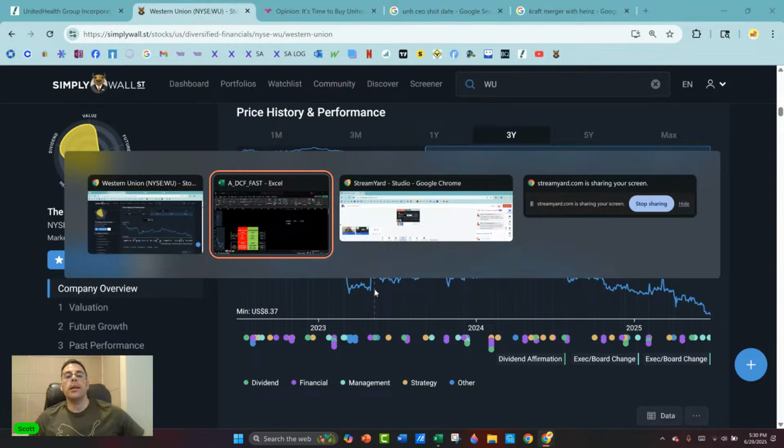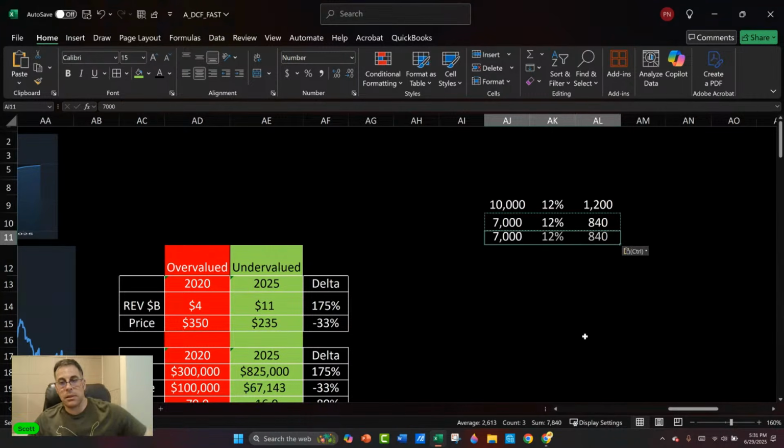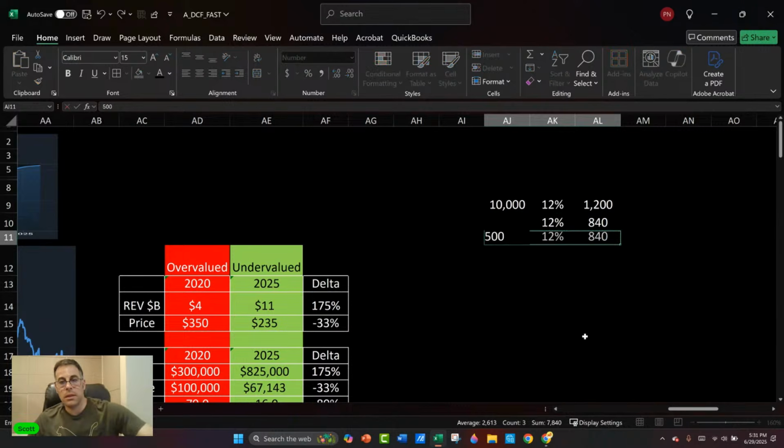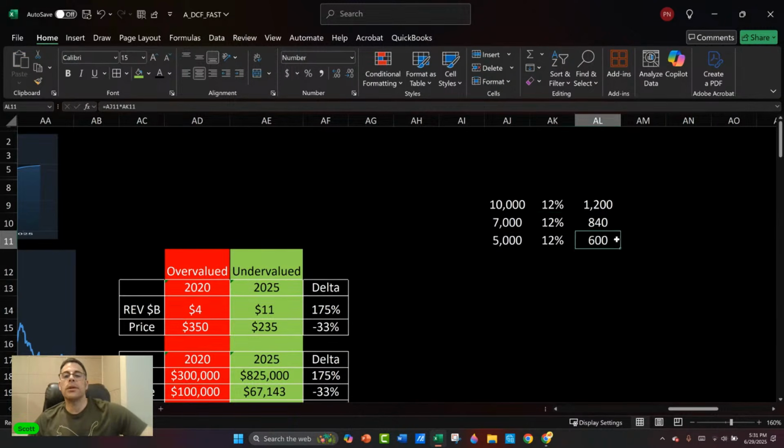I mean, you could keep holding it and keep picking up the dividend, but if it's 12% again, then you get $840 of dividends. And if it's 12% again, you get 600 of dividends.